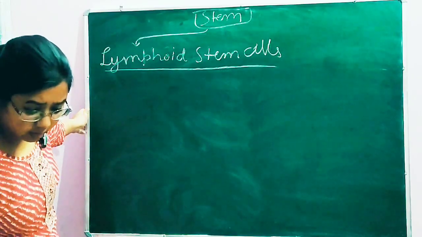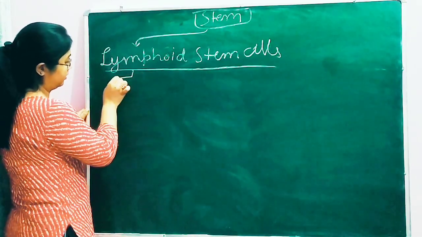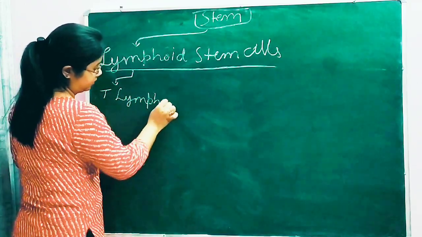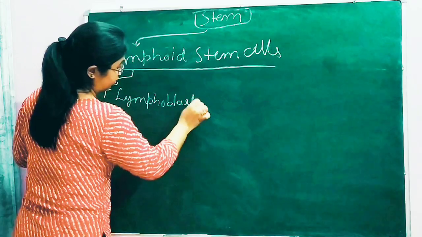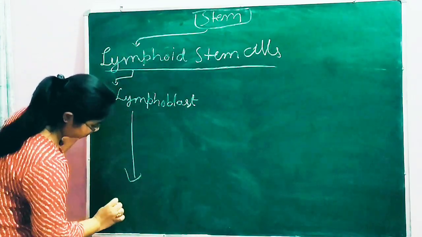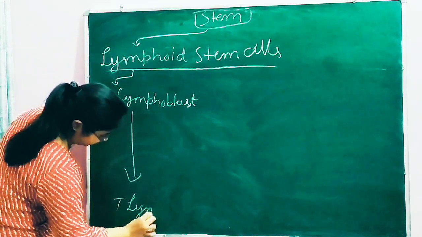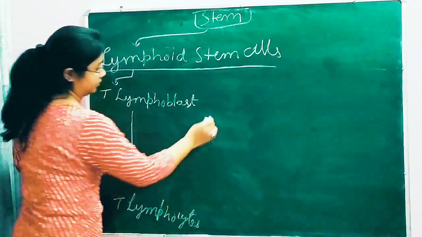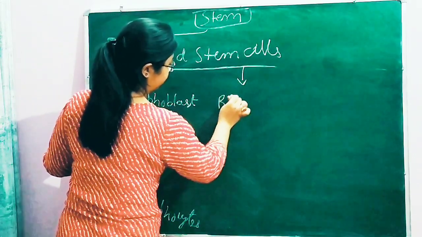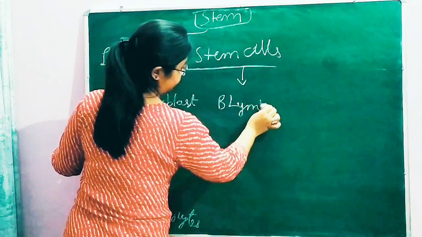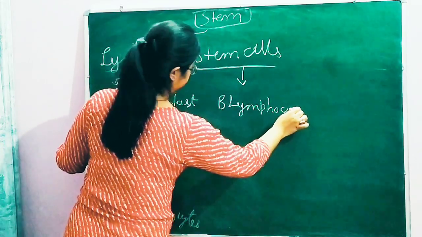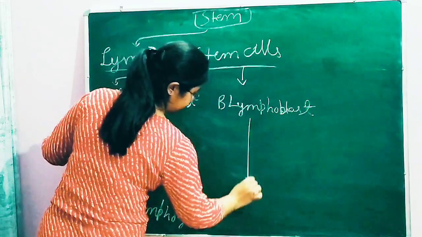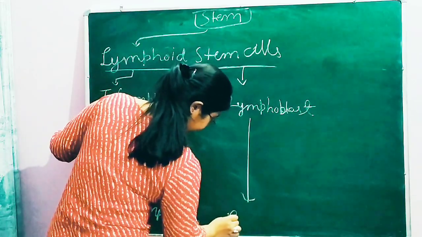First, the T lymphoblast is formed, which divides into T lymphocytes. Second, the B lymphoblast is formed, which divides into B lymphocytes.